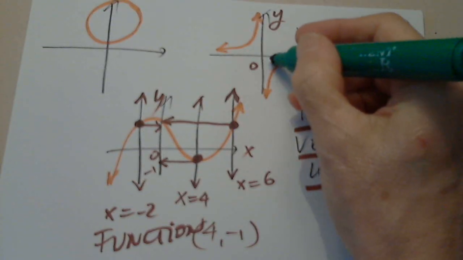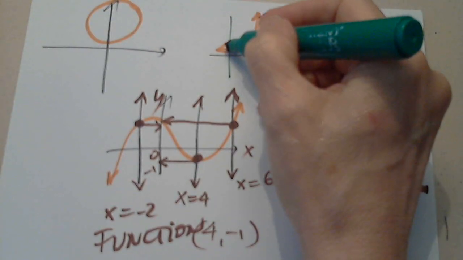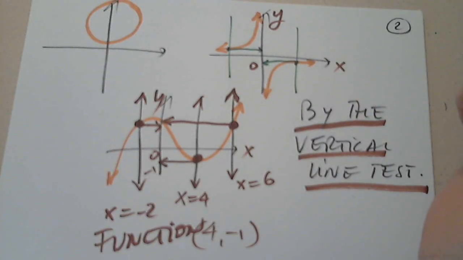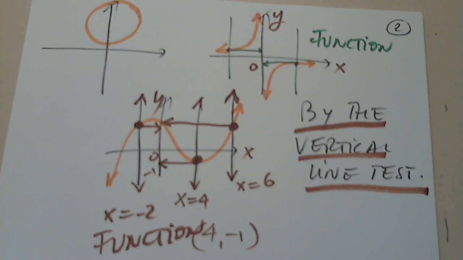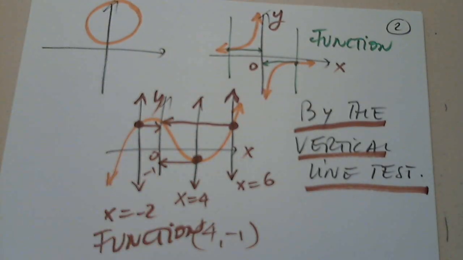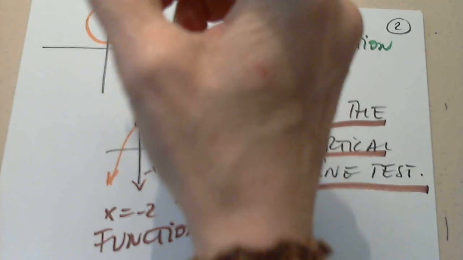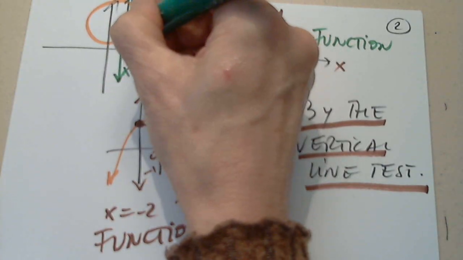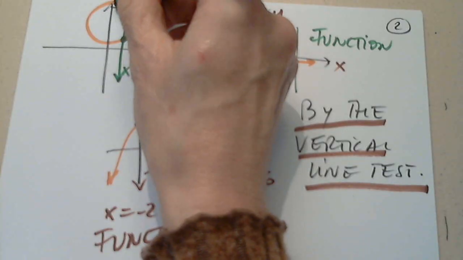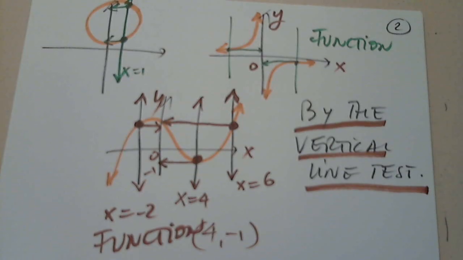For this x value, I read only one y value. For this x value, I read only one y value, and so on and so forth. Function. Can anyone tell us whether graph number 1, by the vertical line test, is a function? No, it's a relation.